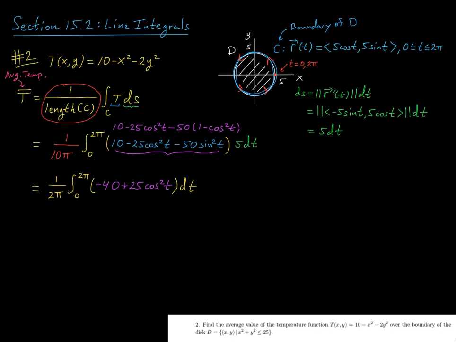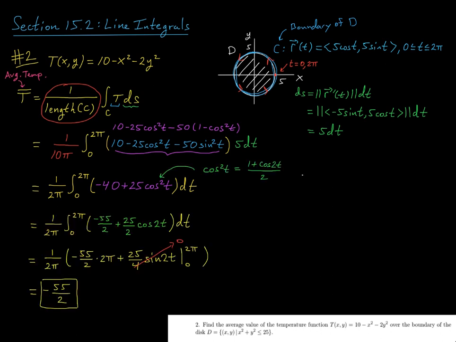Then we're going to use the half angle identity, which says that cos^2 t is equal to (1 + cos 2t) all divided by 2. If you replace cos^2 with this expression, after a little bit of cleaning up you get -55/2 + (25/2) cos 2t.